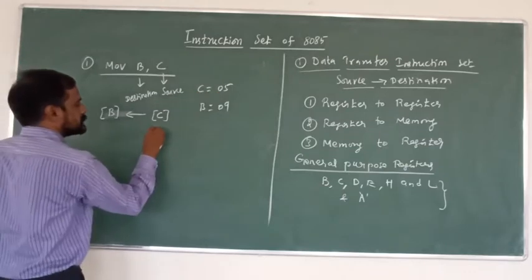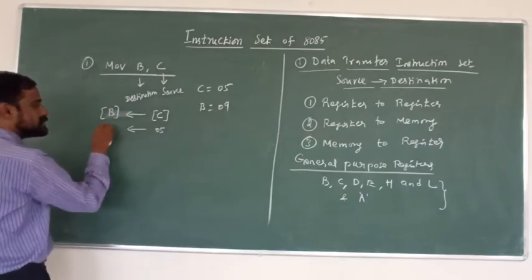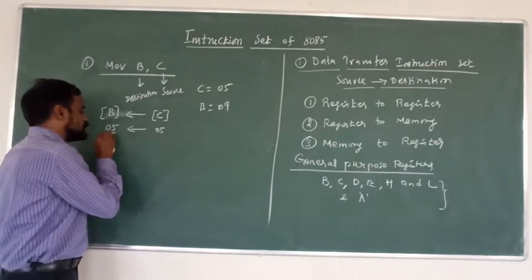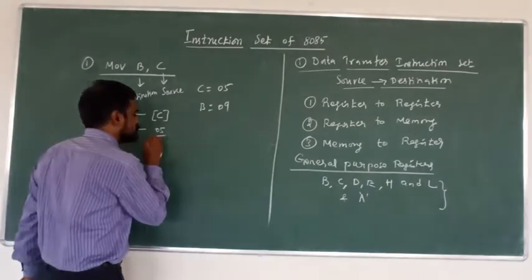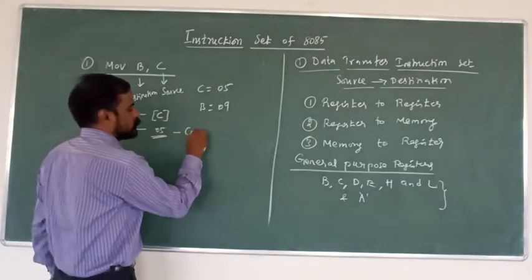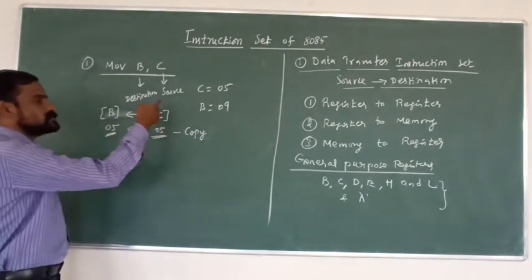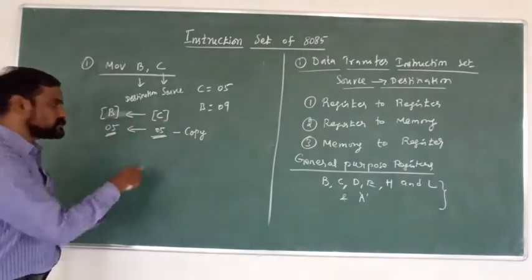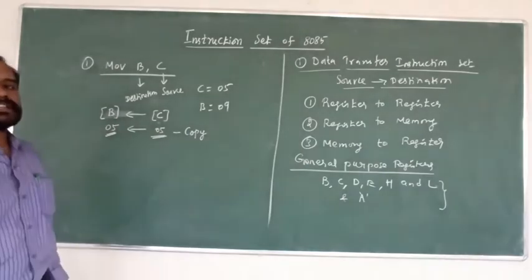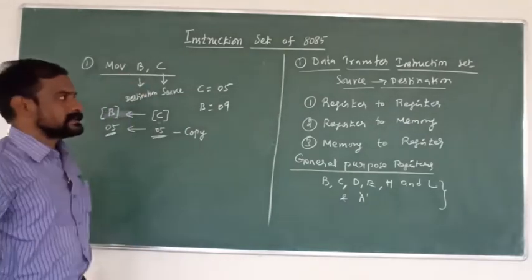Now the B register data 09 is replaced by 05. Here the 05 data is available in the B register as well as the C register. Move means just to copy the data, so the same data remains in the source register also.